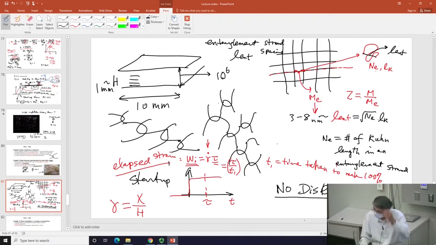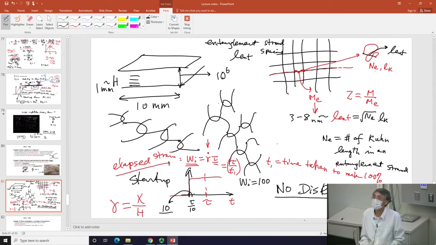The magical question, by now you should really start to get worried about, is, for example, you have applied Wi, that's 100. Which means by the time it's a tenth of a tau, you have already strained a unit of 10.